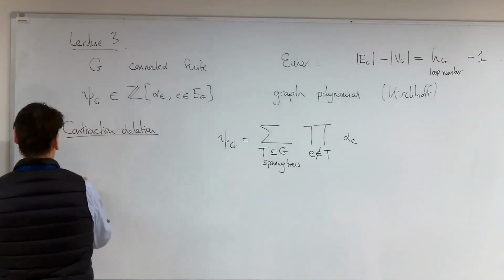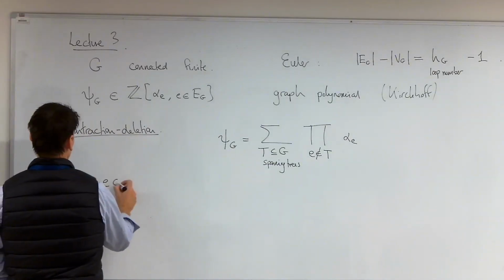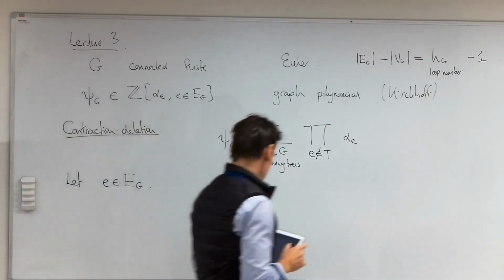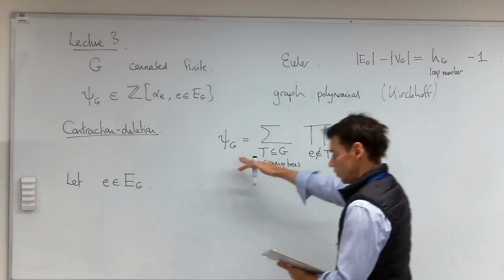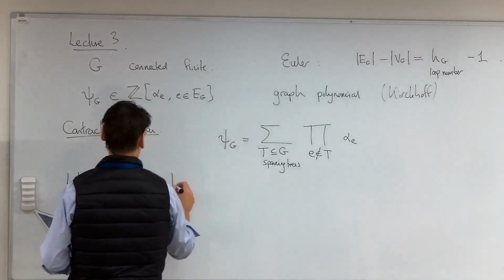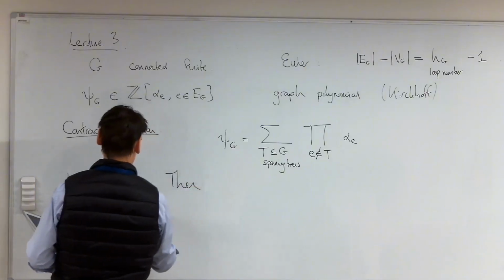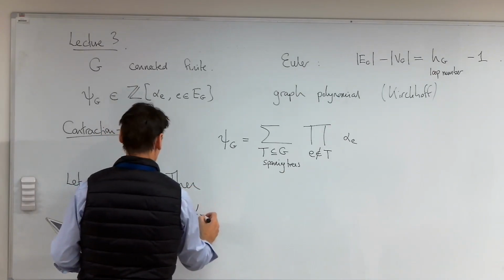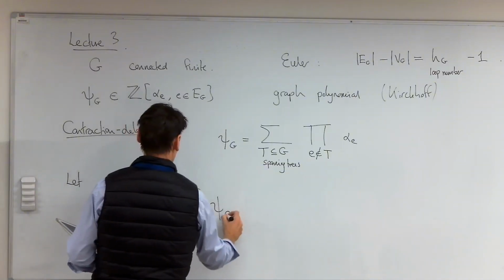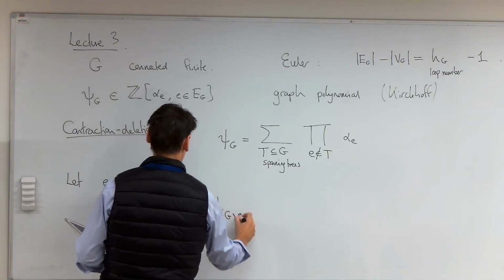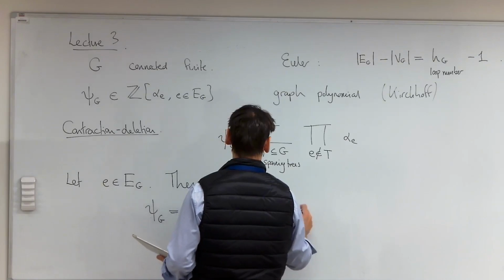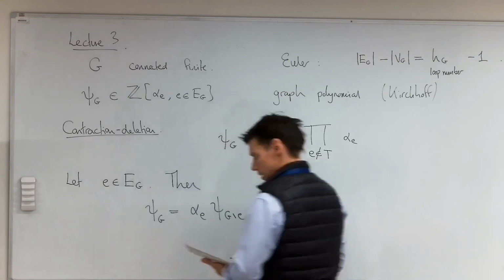So now let's take any edge in the graph. And there's a recursive way to compute psi g. And psi g equals alpha e times psi g minus edge e plus psi g contract edge e.